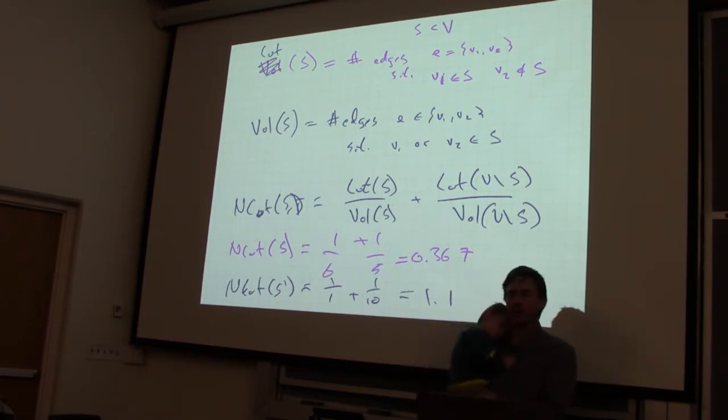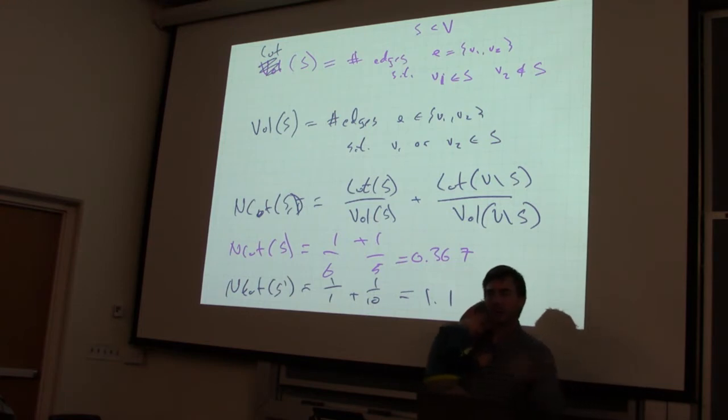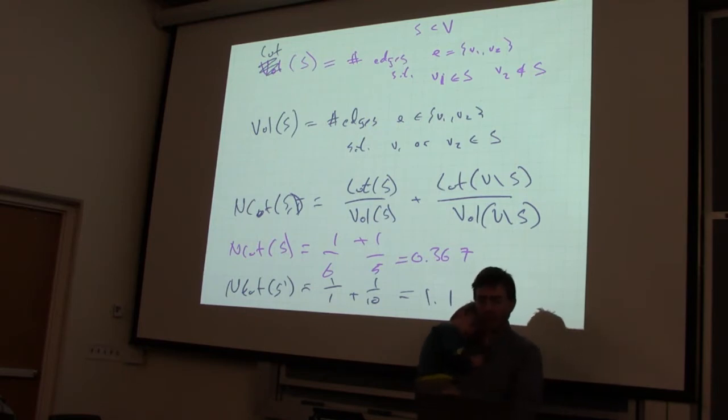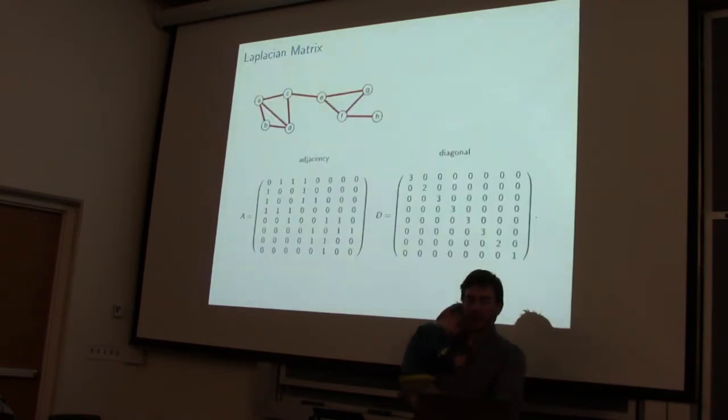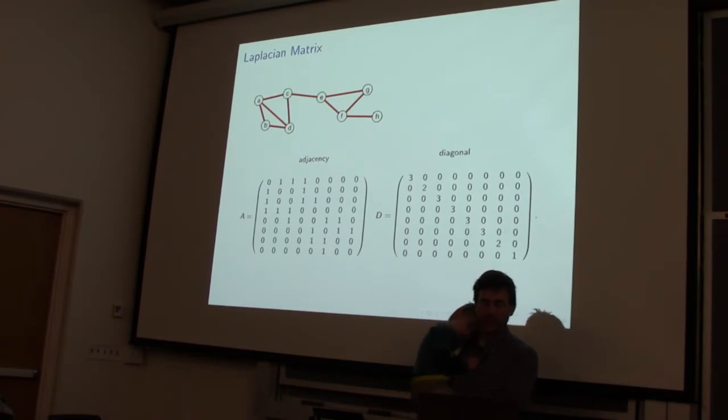They're both useful. The normalized one, which I'll just call the Laplacian, will work a little bit better and corresponds with the normalized cut. Okay, but we'll start with just the unnormalized Laplacian matrix.